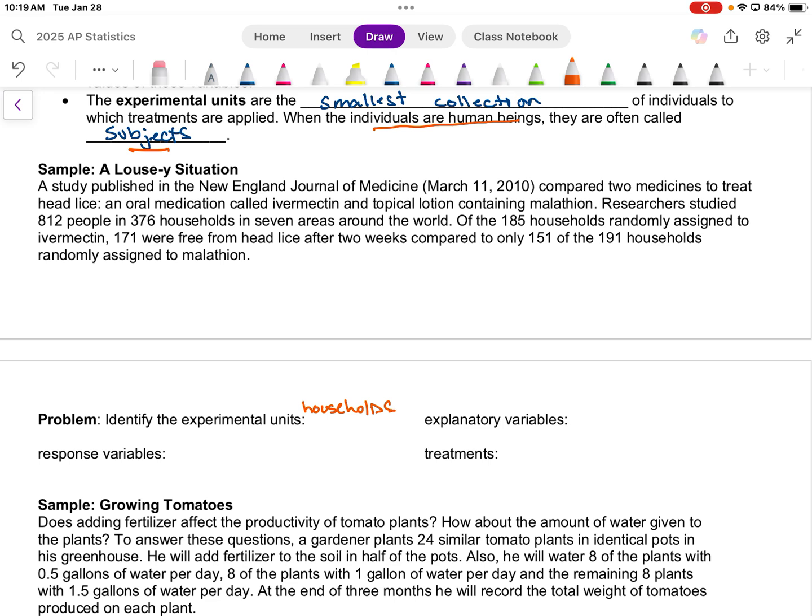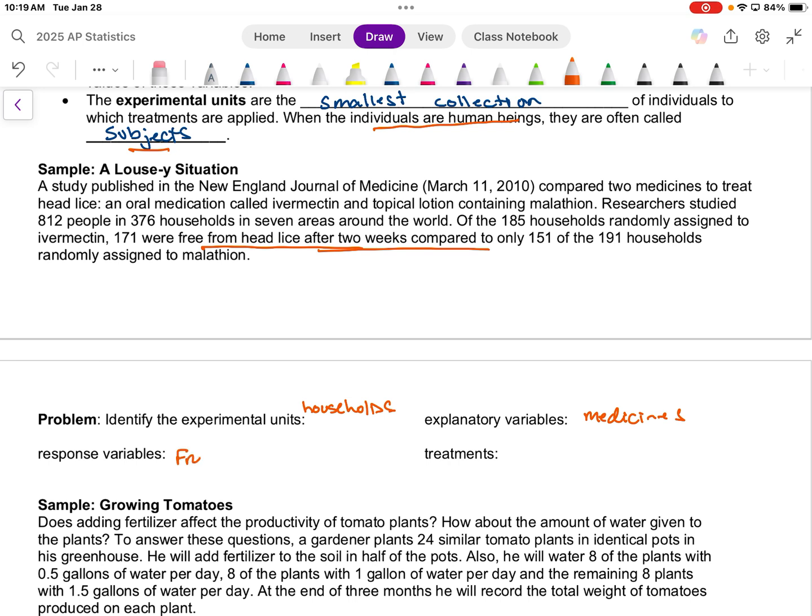What was the explanatory variable? That would be the medicines. What was our outcome? What were we trying to see for a response? The head lice, free from head lice after 2 weeks.